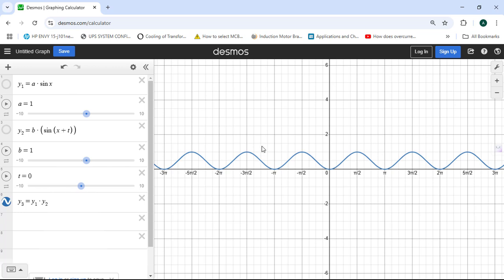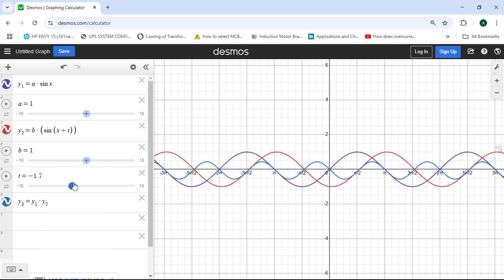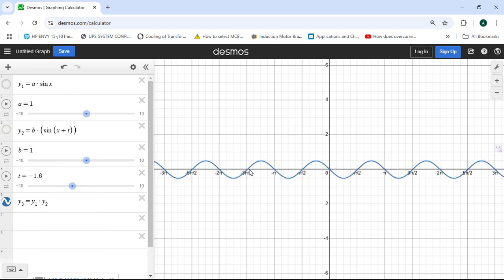But when we have a pure inductive load, for example, which means that the current will lag the voltage by pi over 2, here, as you can see, the positive and negative are equal and there is no average power. So now we have a reactive power. This reactive power is not useful because it has no average, so we will not use it to make the motor rotate or the lamp illuminate.